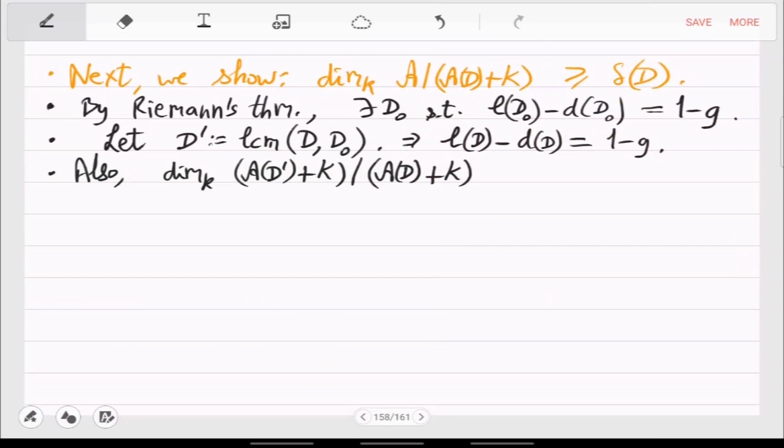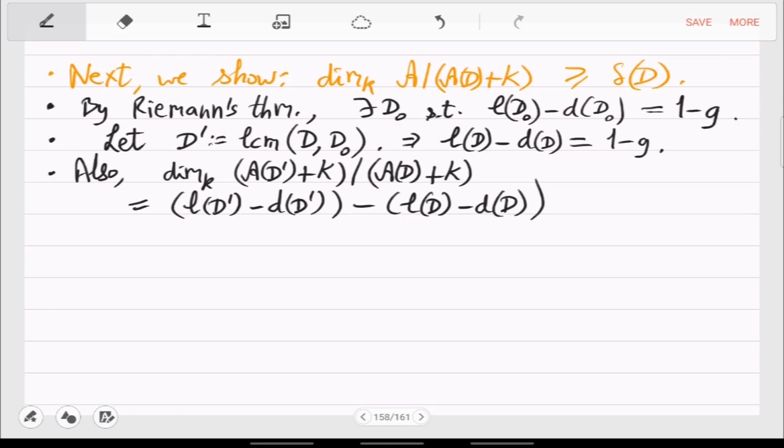But anyways, I can calculate this dimension. Sorry, this was D prime. D prime is the bigger one, and which gives me what?